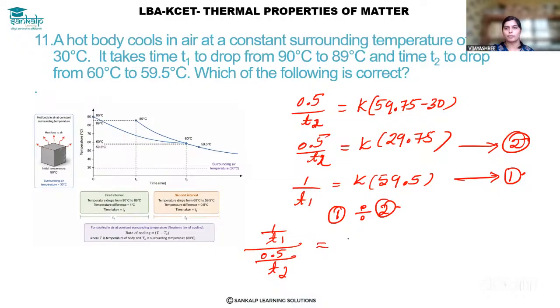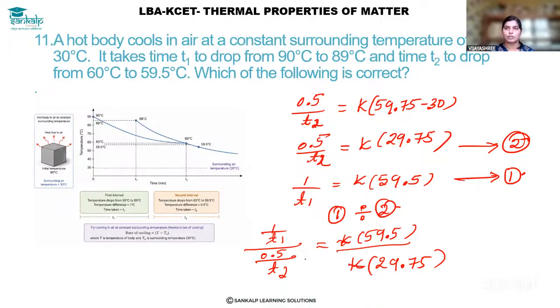Which is equal to K into 59.5 divided by K into 29.75, right? So now K gets cancelled.